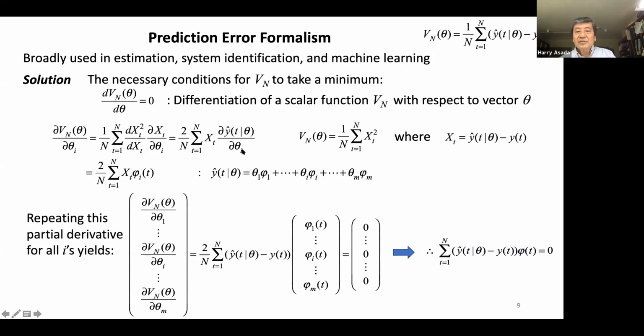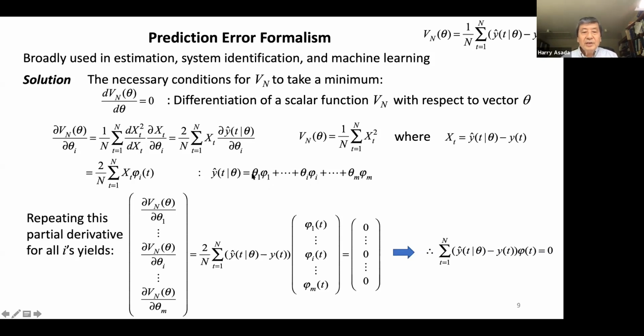If you look at X_t, that is this guy, and theta is involved only in the first term. The second term is just a measurement, not dependent on any theta. And if you look at y hat of t given theta, it is basically a linear regression. If you write it component-wise, this is the inner product component-wise expression, right?